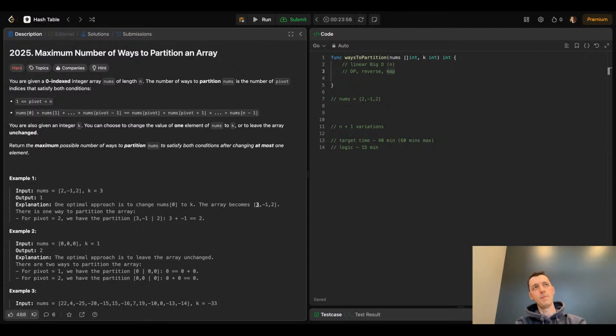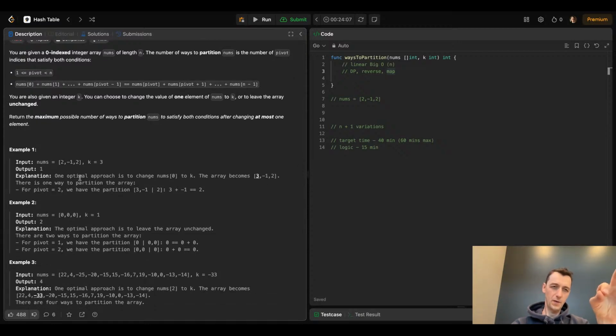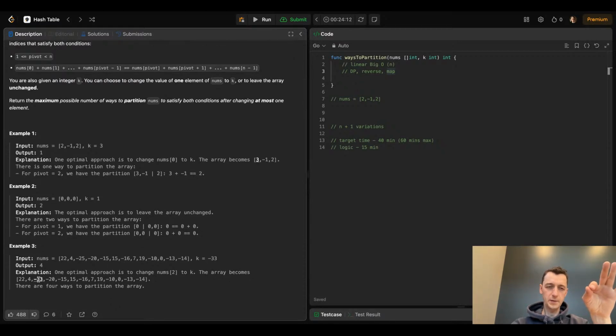What it changes is that number, and it changes the sum of all the ranges that include that number. By a pretty predictable amount.